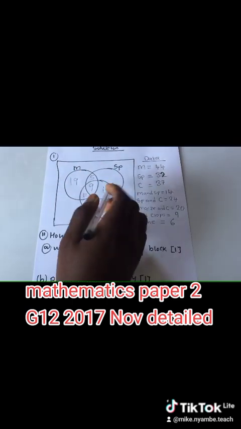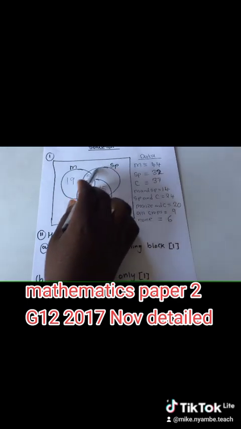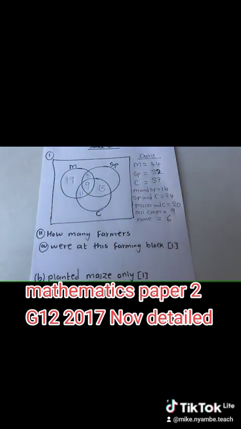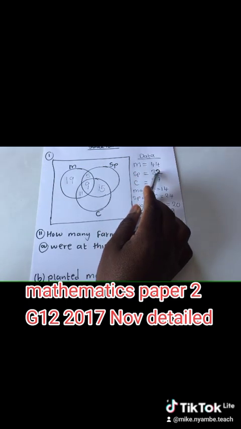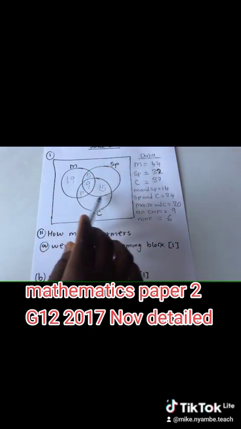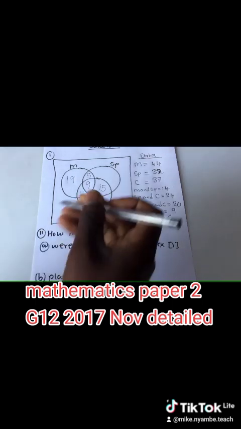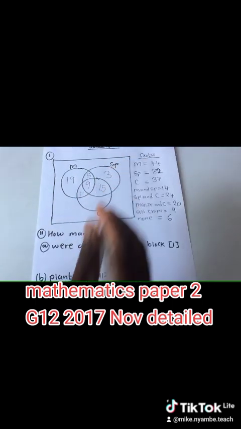You come also here, you add everything in sweet potato, which is 5 plus 9 plus 15, you get 29. So you say 32 minus 29 after adding all this. 32 minus 29, it's 3. So here it's 3. Have you seen?